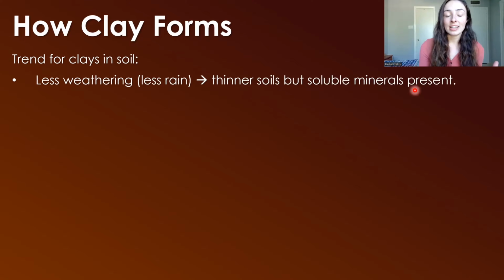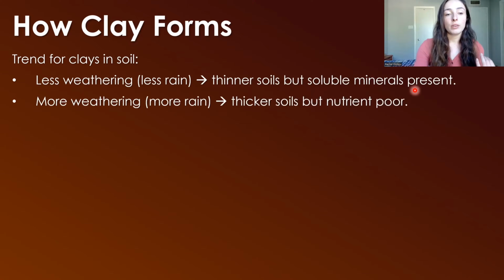So less clays, because clays are more insoluble secondary products rather than the soluble primary or initial minerals present before the weathering. And then once you have a lot of weathering, you get a lot more clay formation or secondary phase formation, and therefore thicker soils. But these soils are nutrient poor because the nutrients and soluble minerals are carried away with the rain.